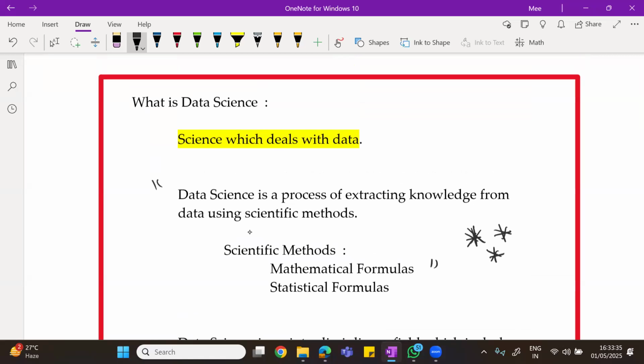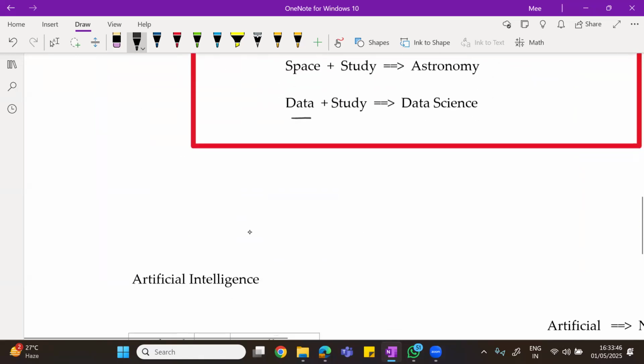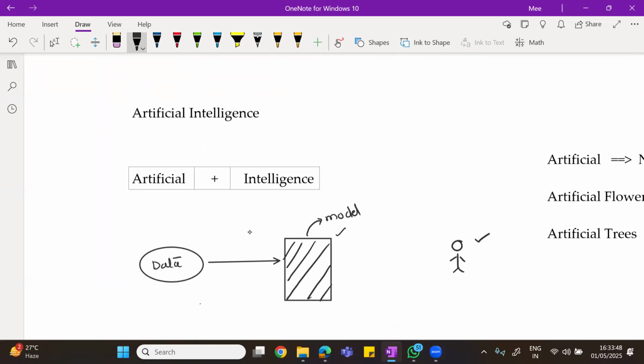Now, the outcome is knowledge. This knowledge from the data, I'm going to give it to the model. Again, here we are not going to do it. The model will take it itself. The knowledge is the one we are giving. Knowledge, we will get it from data science.